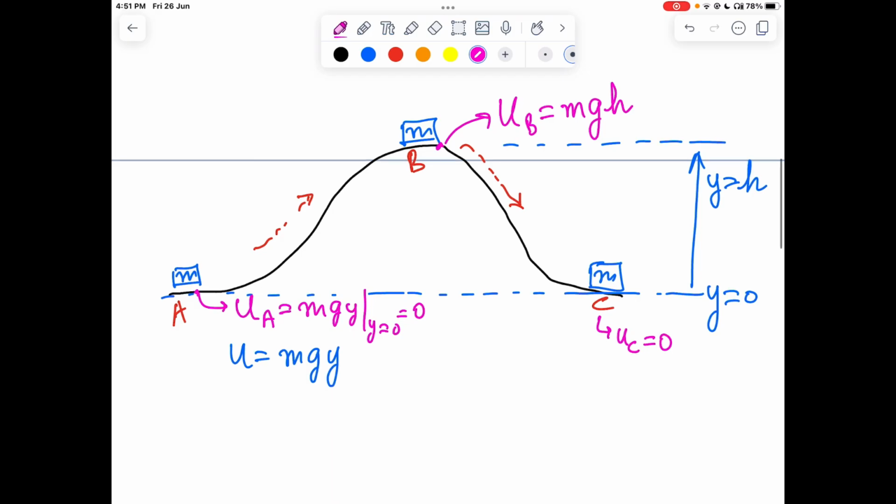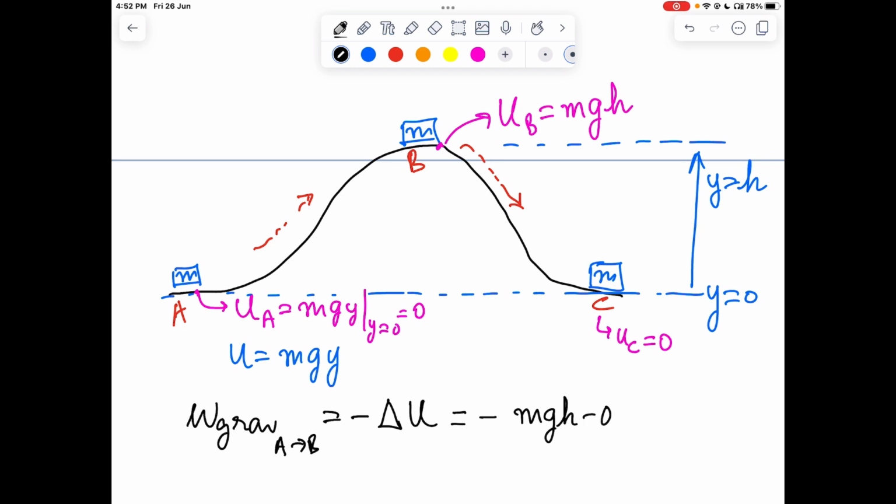Okay. Now, if you want to know the work of the force of gravity from point A to B, we simply take the negative of the change in the potential energy function from the points A to B. So that would be negative of mgh minus 0.